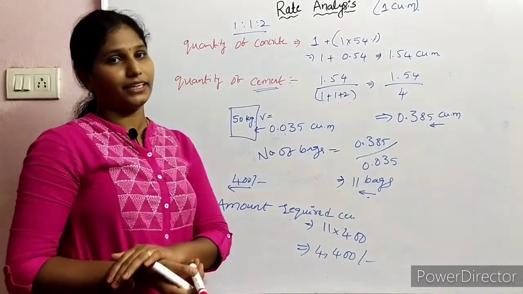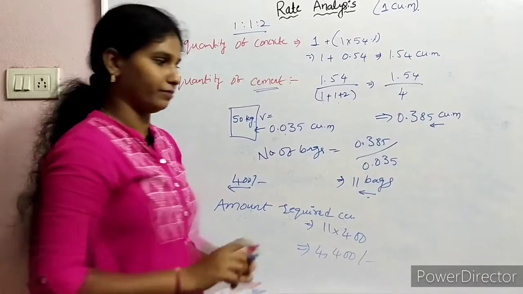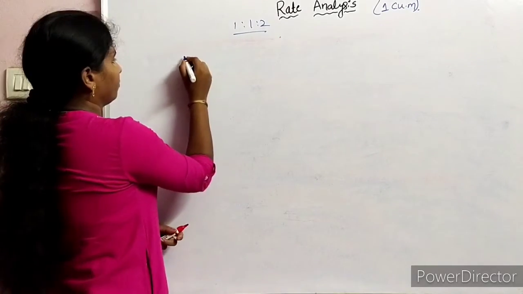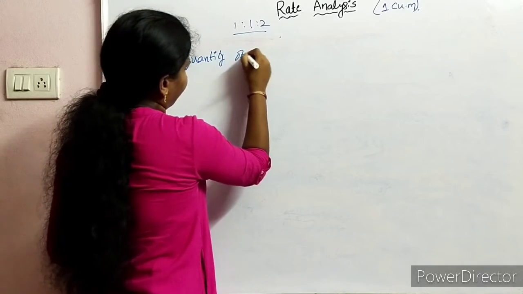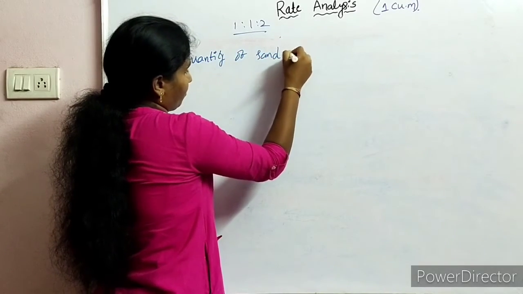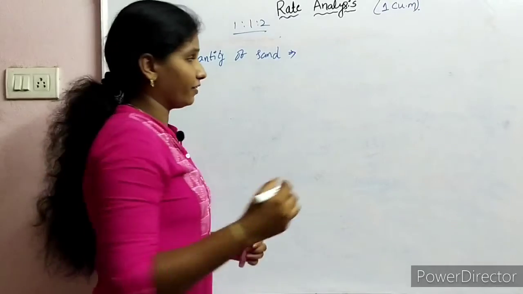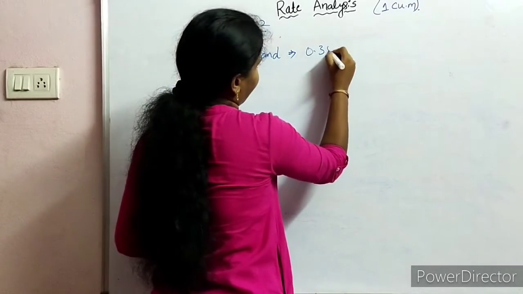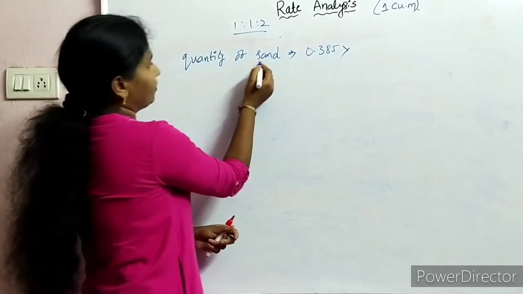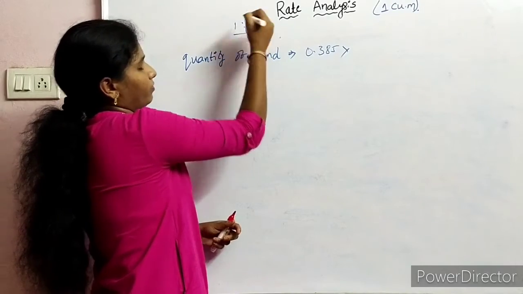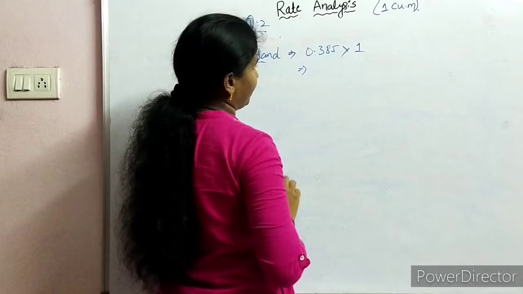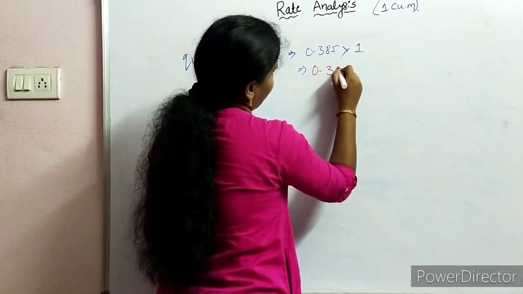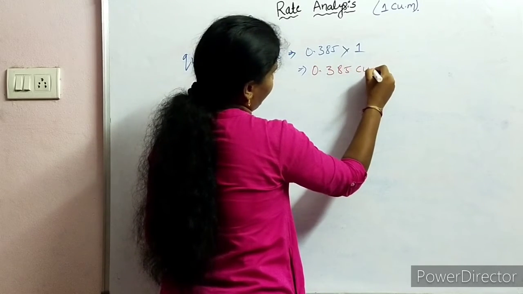Now we are calculating the quantity of the sand. Quantity of cement we got as 0.385 and the proportion of the sand here is 1. We are multiplying with 1, so we will get 0.385 cubic meters.